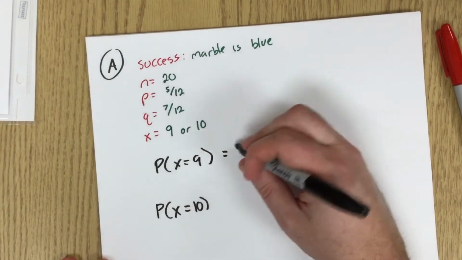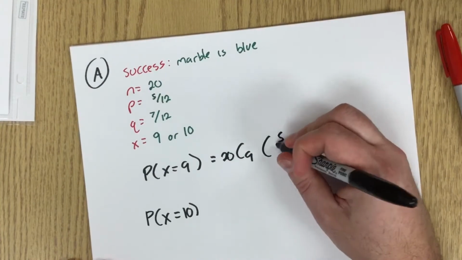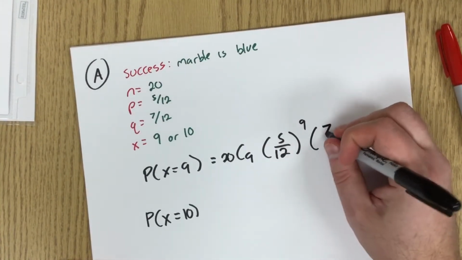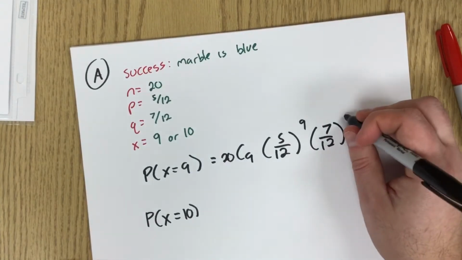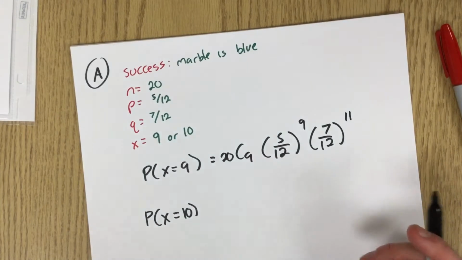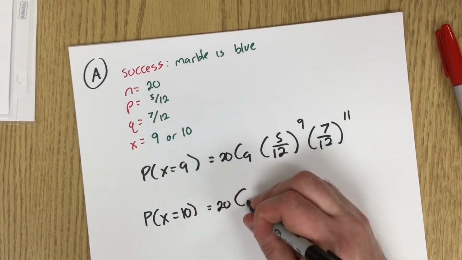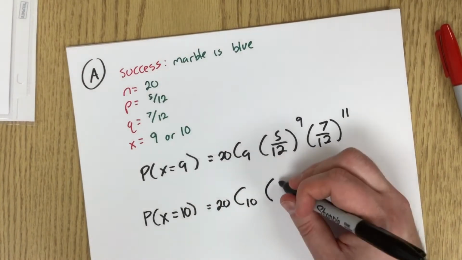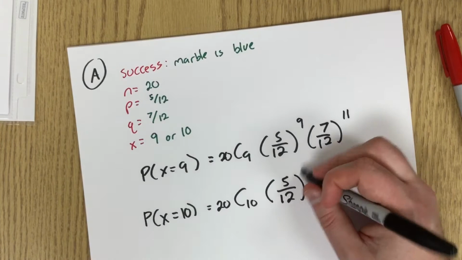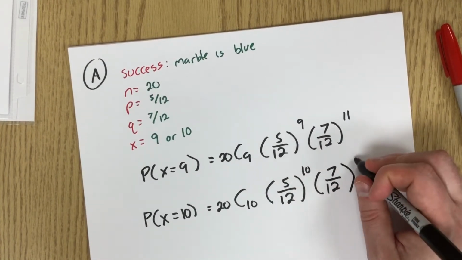So the probability X equals 9 is going to be 20 choose 9 times 5 on 12 to the 9 times 7 on 12 to the 11, because it would be 20 minus the 9. And this one would be 20 choose 10 times 5 on 12 to the 10 times 7 on 12 to the 10.